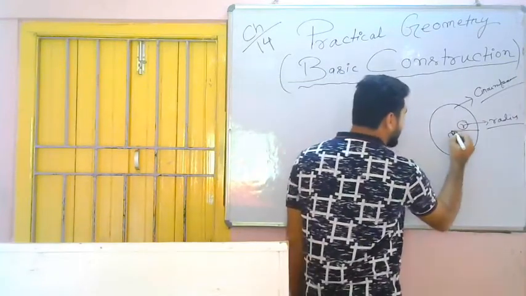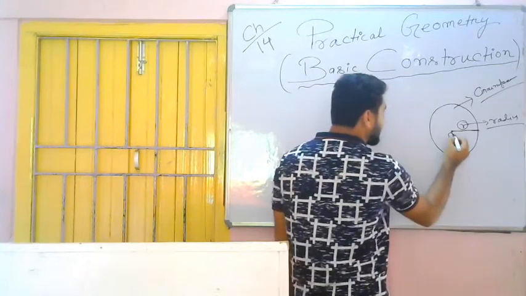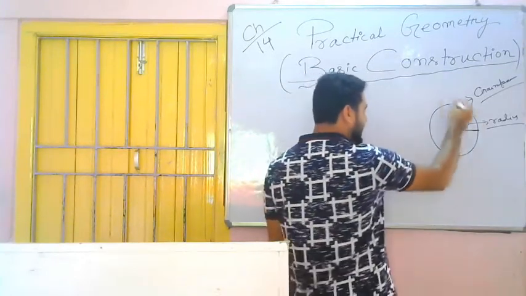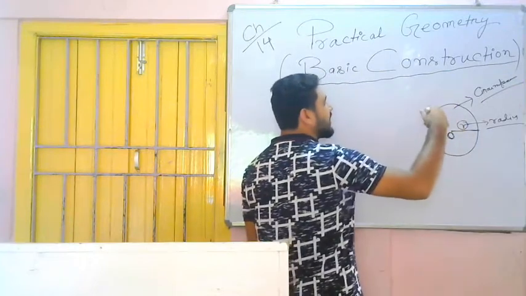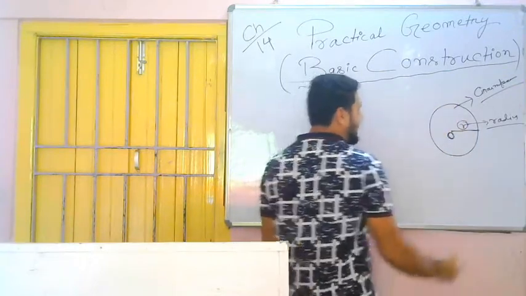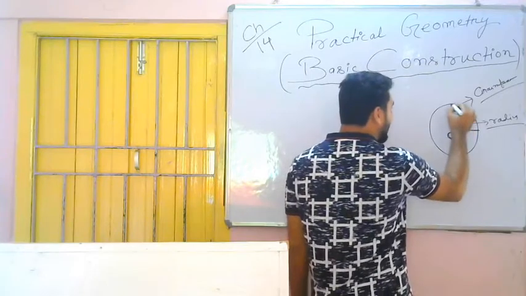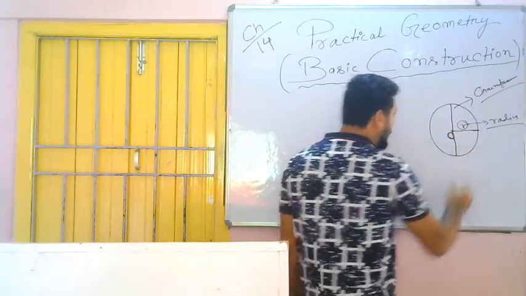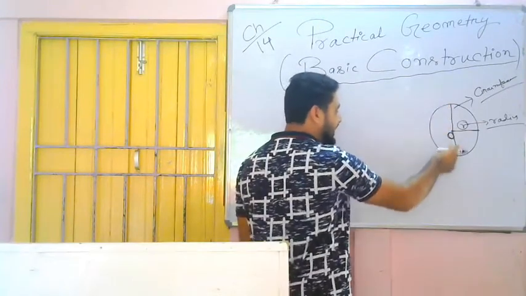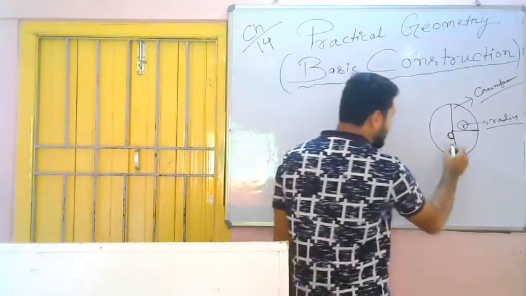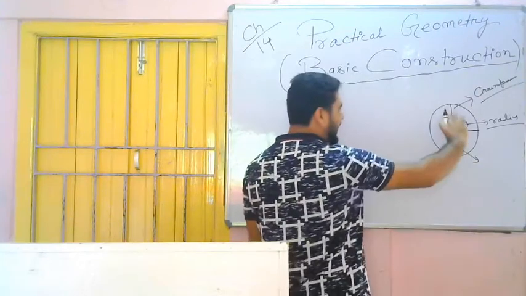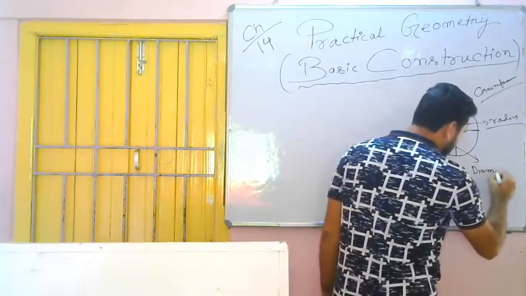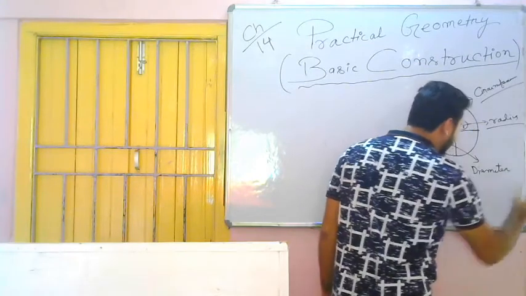This is called the radius. This point is the center of the circle, and the boundary is called the circumference. If we draw a line segment which passes through the center, then this line segment is called the diameter of the circle.